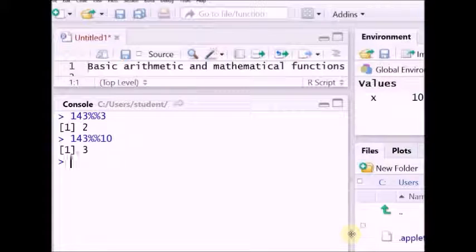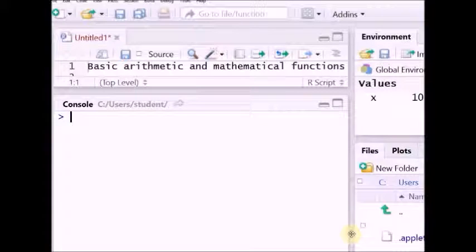Kindly note that modulo is very useful for testing whether a number is odd or even. Suppose 143 %% 2, the answer is 1. So 143 is an odd number. Similarly, 140 %% 2, the remainder is 0. So that means 140 is an even number.